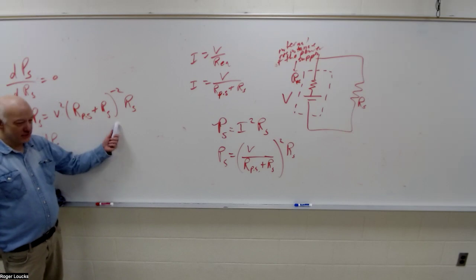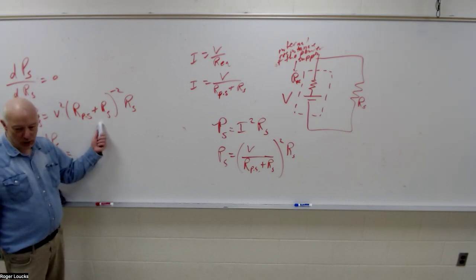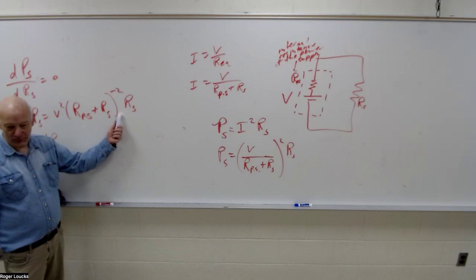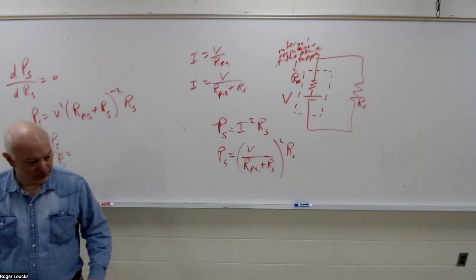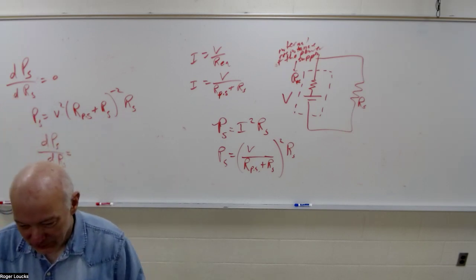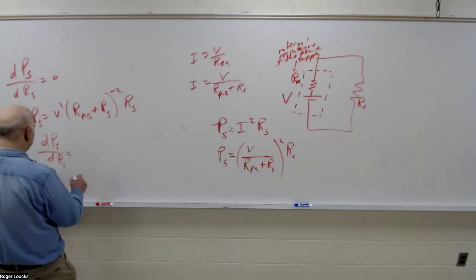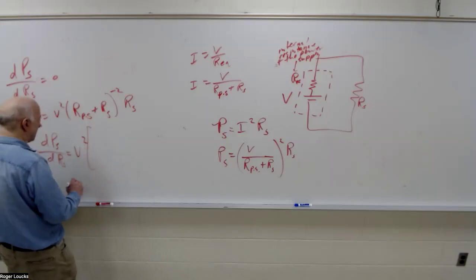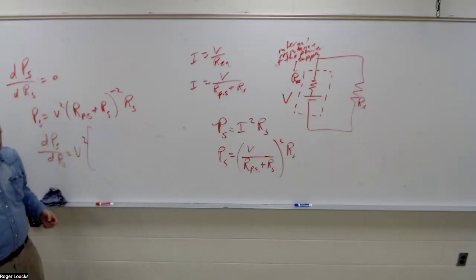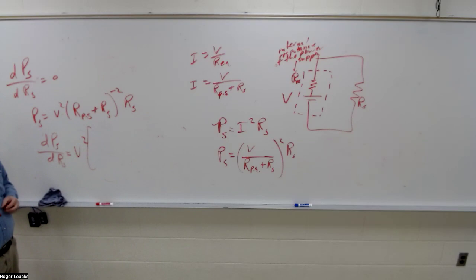Okay, what happens if I have this term here being multiplied by this term here? I might want to use. Yes, you use a product rule on this. So you get V squared, that's a constant. Okay, what's the derivative of this? How do you take the derivative of that?